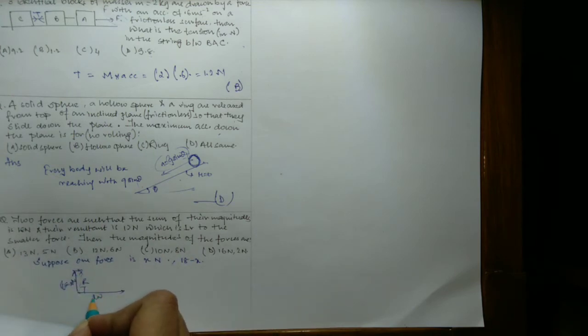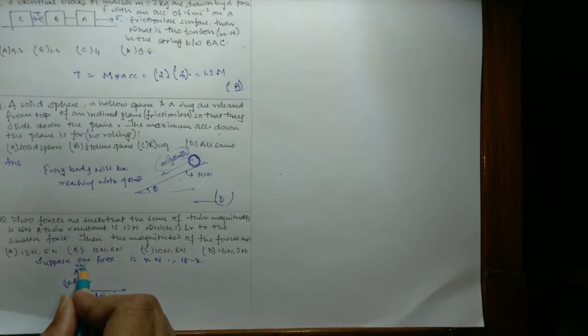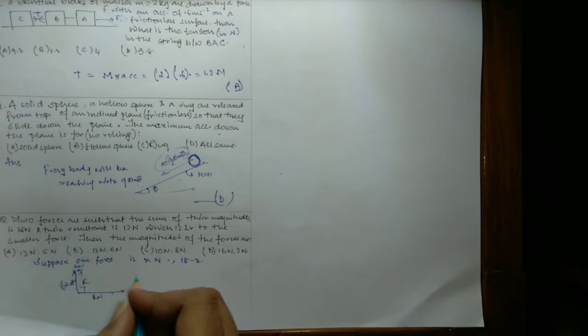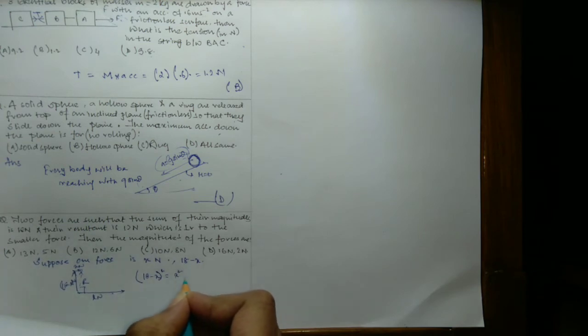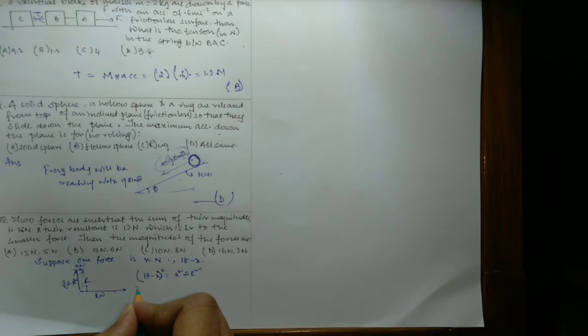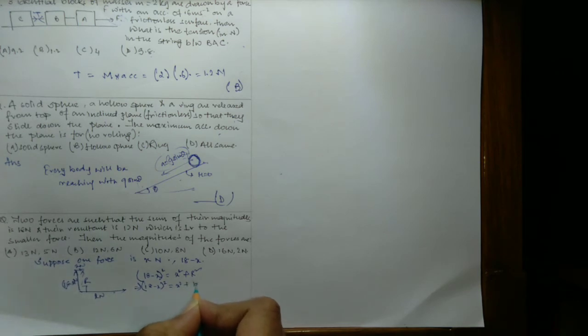So we can transfer this x Newton to here, and from this we can very simply see that this is nothing but a Pythagorean triangle. So we can write (18 minus x) whole square is equal to x square plus 12 square, where the resultant is 12.